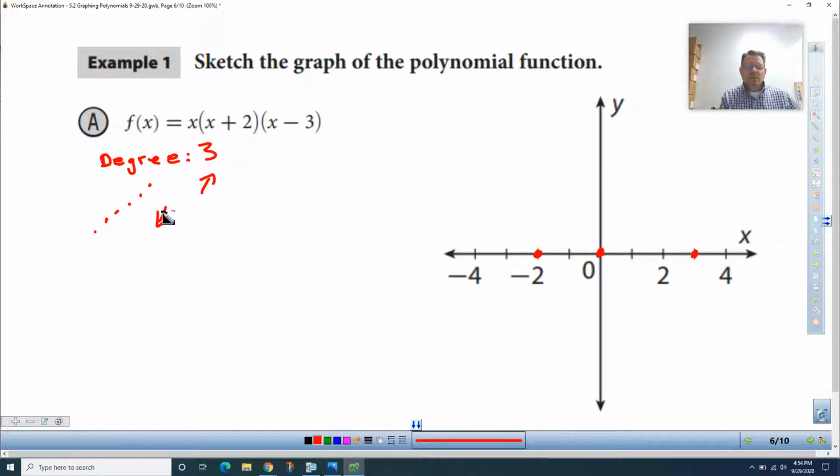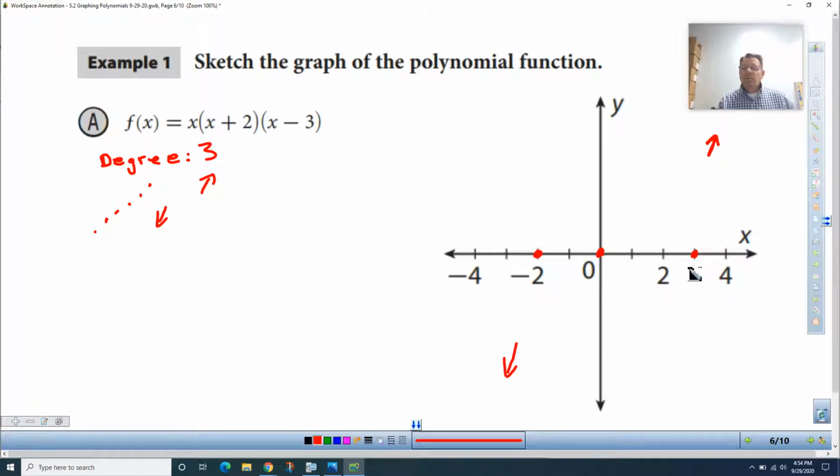So let me transfer this information over here. Let me put this down arrow over here, and an up arrow here. So all this stuff is pretty straightforward. We've got a third degree, so we have to have an up and down, and it's got to go uphill. We know it's going to go through those points.